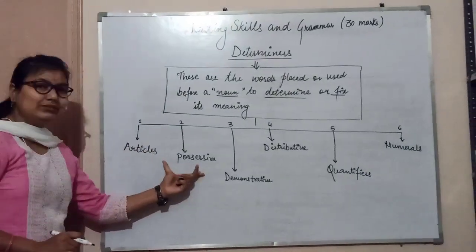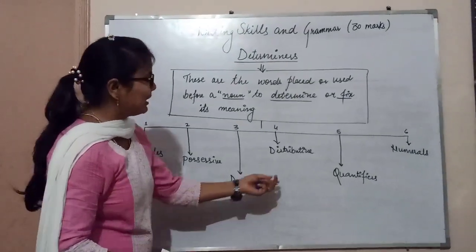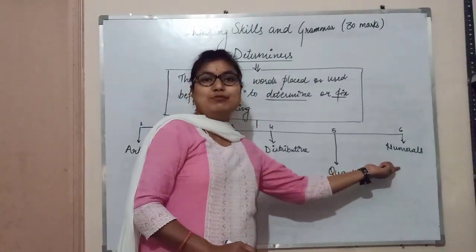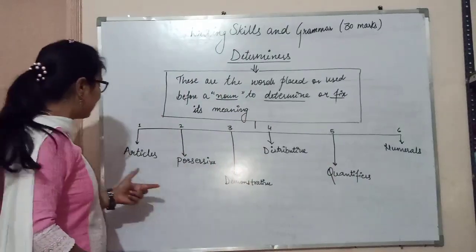Articles, possessive determiner, demonstrative determiner, distributive determiner, quantifiers and numerals यानी कि numbers.